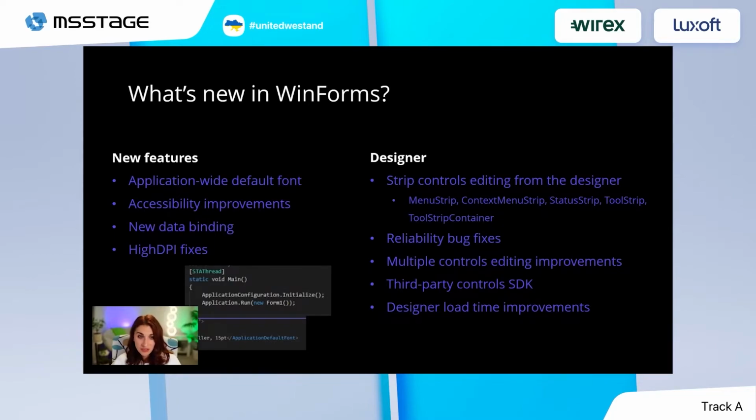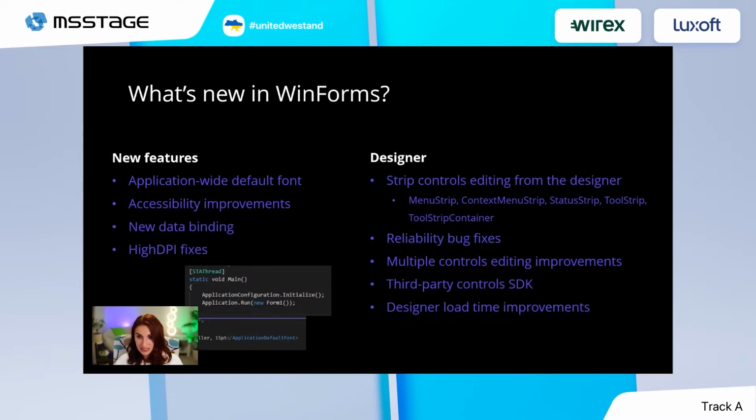We have strip controls editing from the designer, such as menu strip, context menu strip, etc. We added it quite some time ago, but people keep asking me about it, so that's why I'm putting it here. Yes, it's already there in the latest designer. Check it out. We have reliability fixes. The latest version is much better, more reliable. We have multiple controls editing improvements.